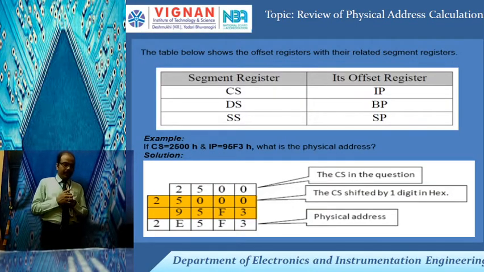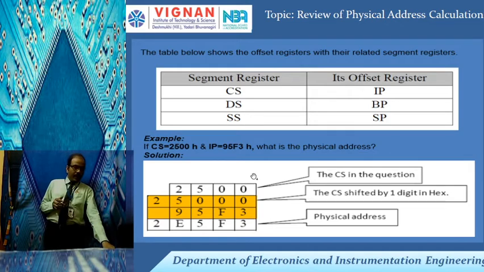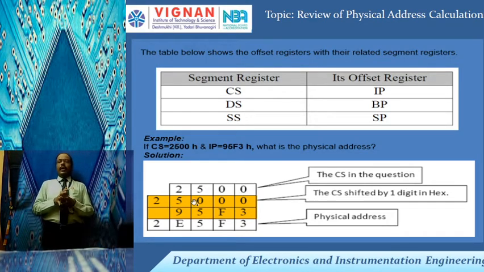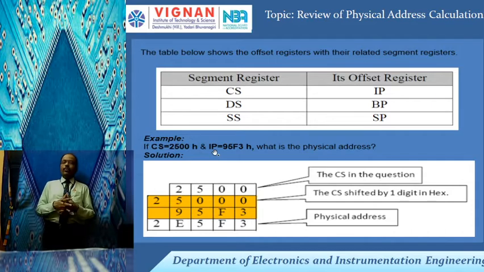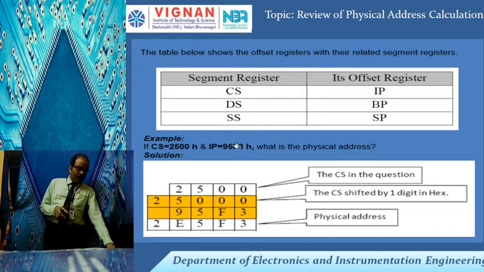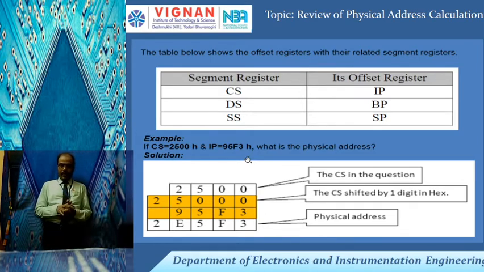For example, if the code segment register, we are discussing a memory location in the code segment, holds 2500H, and the instruction pointer, acting as an offset register, holds 95F3H.